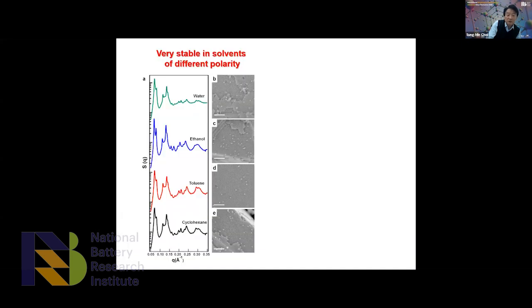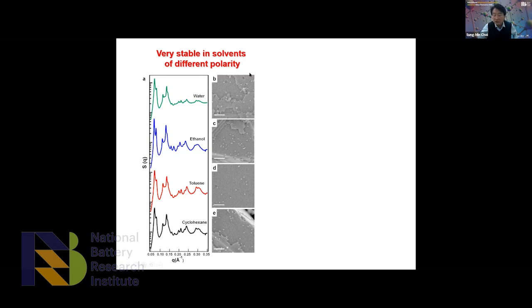Also, since these nanoparticle superlattices are formed with covalent bonding, unlike DNA cases, unlike the superlattices formed by slow solvent evaporation, these superlattices are very stable in solvents of different polarity.